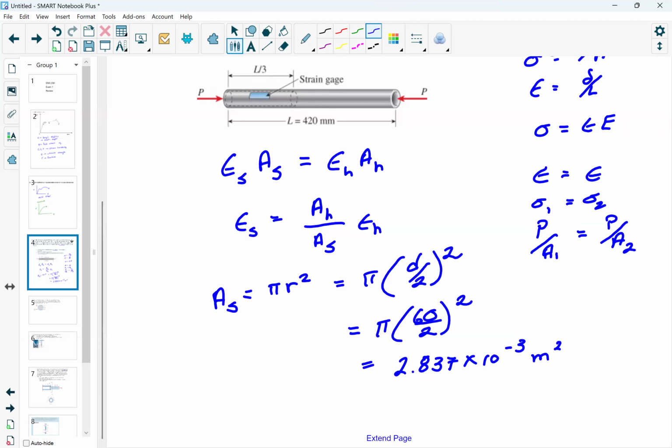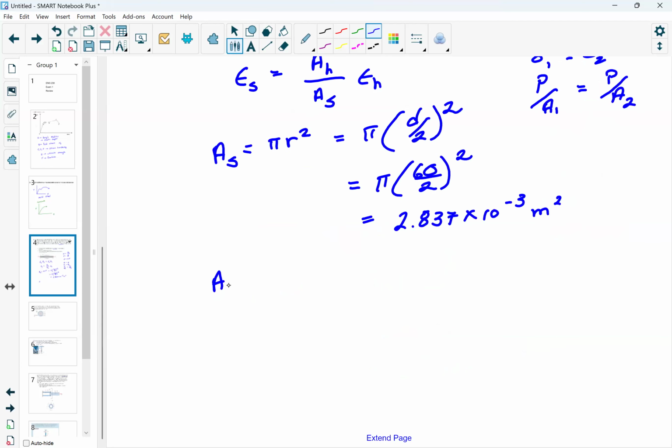All right. So now we need to find the area of the hollow section, which is going to be a little more challenging because that's going to be pi times R of the outside squared minus R of the inside squared.